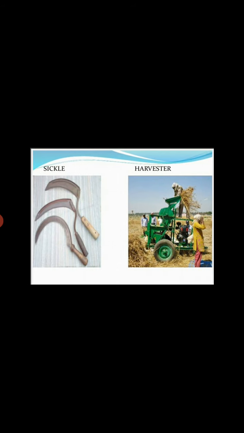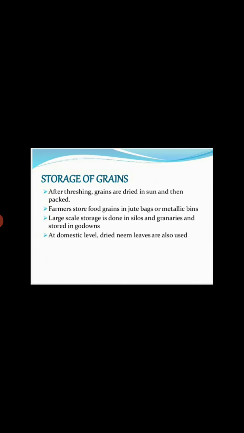You can see in the diagram the sickle, darati, we all know this, and the harvester, which is used for harvesting. Combine you can also see in the fields many times. The combine is a very efficient way of harvesting. It doesn't take so much time.